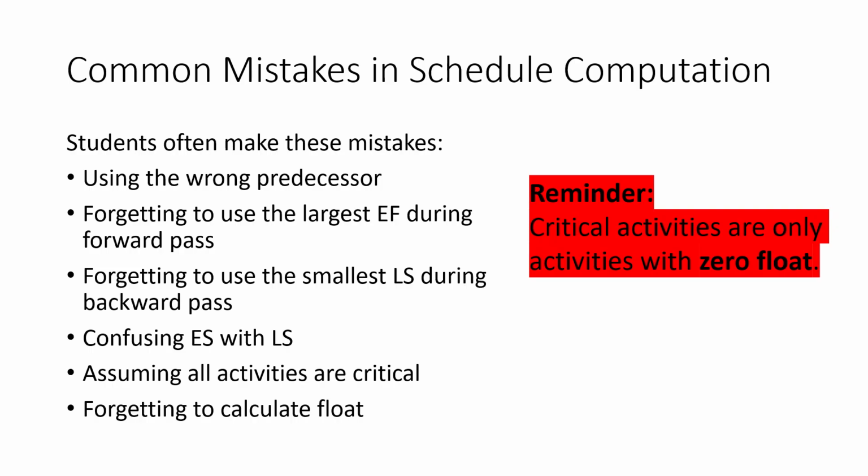Remember, when an activity has more than one predecessor, we use the largest EF. The third mistake is forgetting to use the smallest LS during backward pass. When an activity has more than one successor, we use the smallest LS.